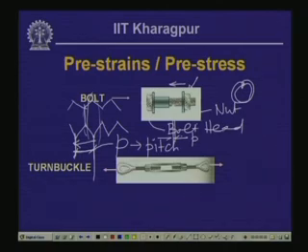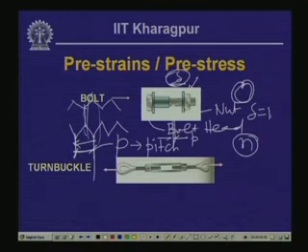So, if we turn the nut n times, then the total movement of the nut, if we call that delta, is equal to n times the pitch p.